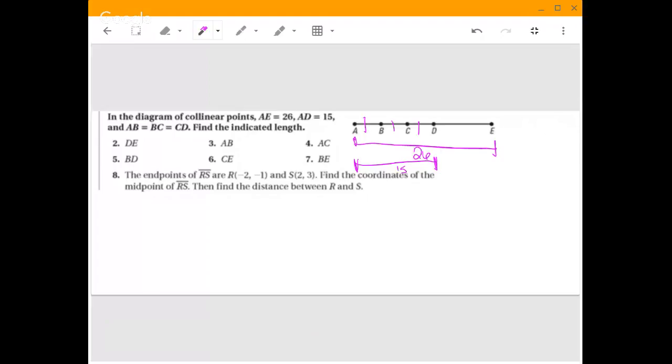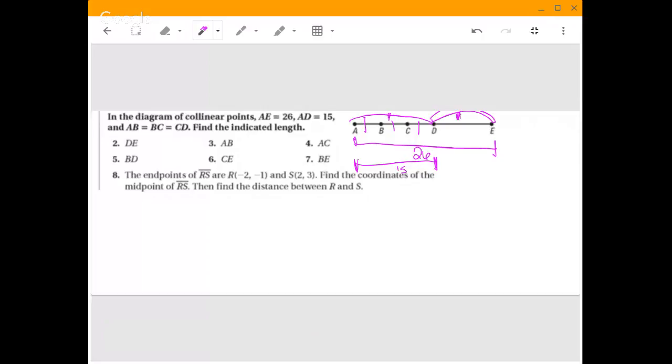Okay. So for number 2, we're supposed to find the length of DE, this one here, okay? Now, if we know the whole thing is 26, and from A to D is 15, so we know this part, and we don't know this part, but we know the whole thing.